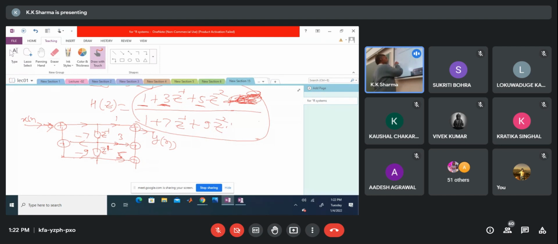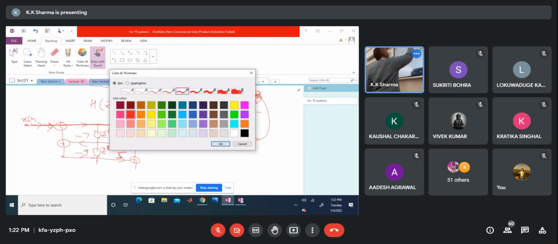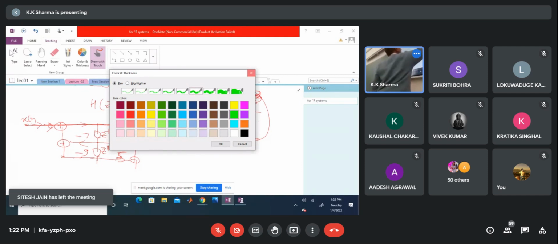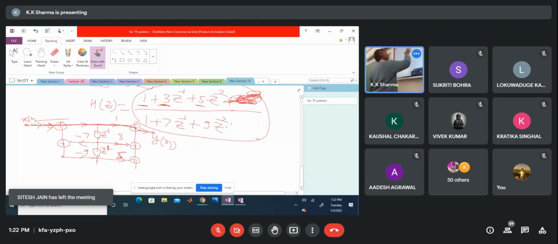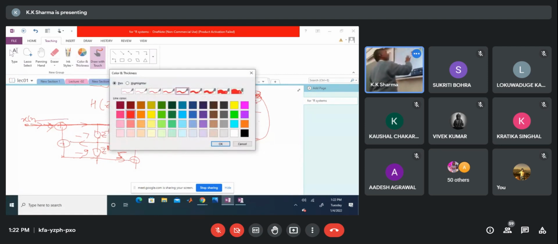How many forward paths? Suppose I start from the input node and travel to the output node. This is one forward path. Let me use some other color if possible.